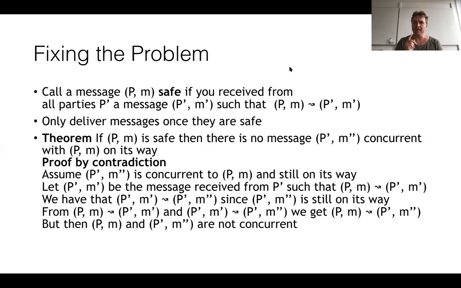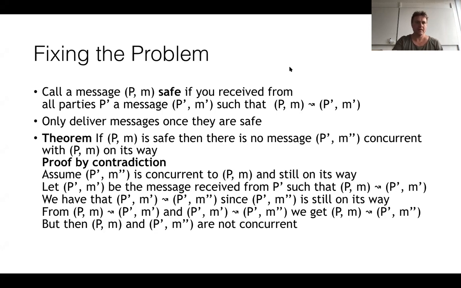If a message is safe, then there is no concurrent message on its way. Put differently, if a message is safe, then any message that is or was concurrent with it has already arrived. It might have arrived after it, but at the point where I call it safe, I have received everything that was concurrent with it.